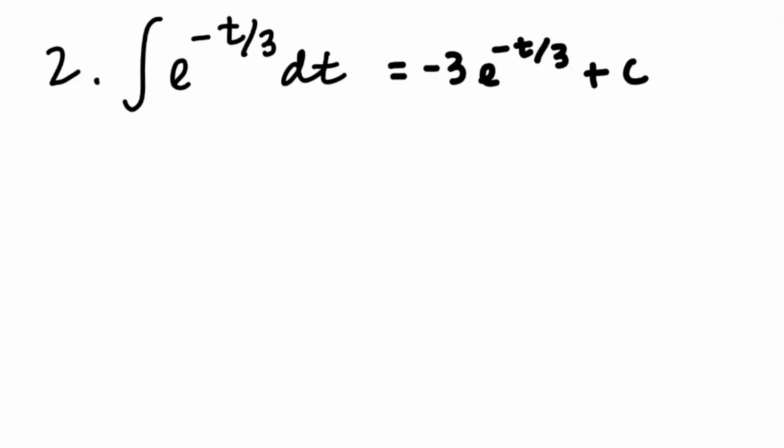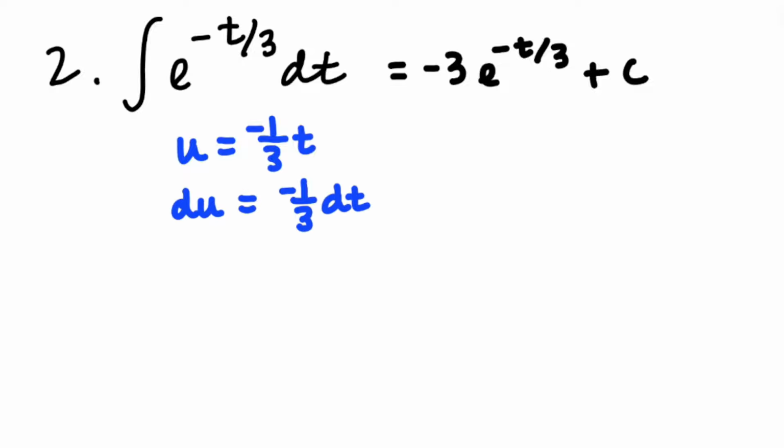We could mentally take the derivative with the chain rule: negative 3 e to the negative t over 3 times negative 1/3 would give me that positive 1 I'm looking for. But we could also do a U-substitution and say u equals negative t over 3. That's negative 1/3 t, so du dt would be negative 1/3, and du is negative 1/3 of dt. I don't have negative 1/3 of dt, I have 1 dt, so 1 dt would be equal to negative 3 times du.